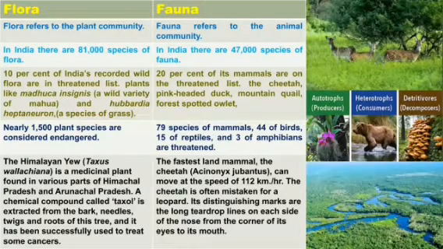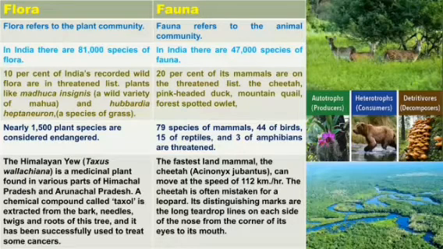You know, 10% of plants are in the threatened list, which includes plants like Madhuca insignis, a wild variety of mahua, and the second is Hubbardia heptaneuron, a species of grass. And there are 20% of animals which are in the threatened list, which includes the cheetah, pink-headed duck, mountain quail, and forest spotted owlet.